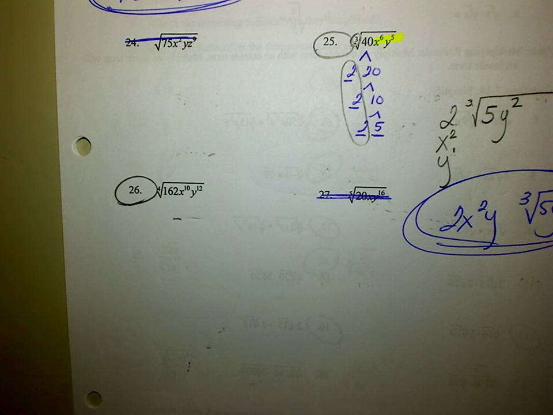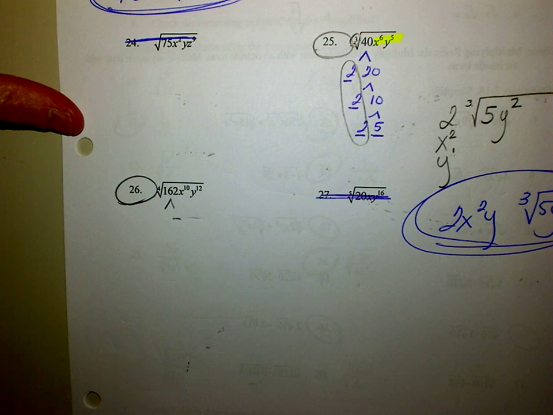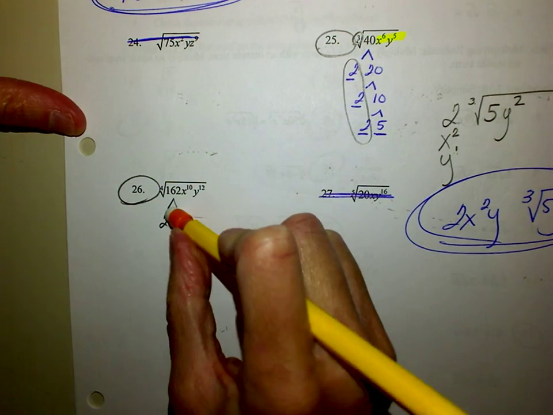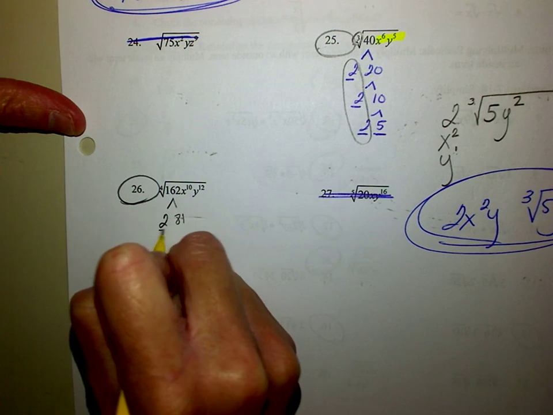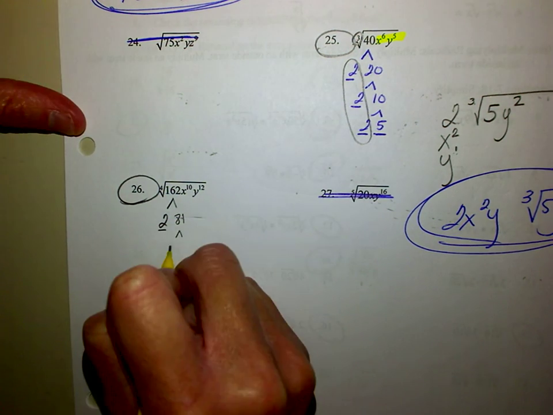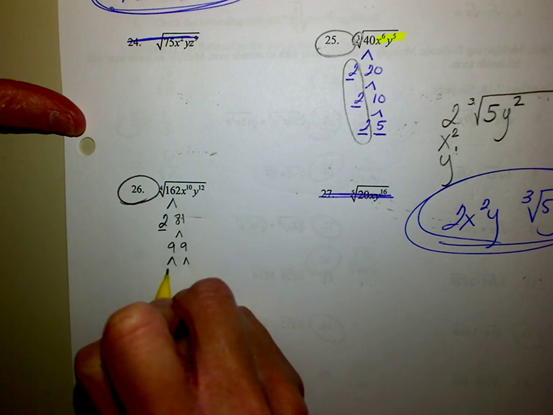Okay, so last one on lesson 4.1. So I'm going to break down the 162. Let's do 2 and 81. And then 81 will be 9 and 9. And the 9s break down to 3s.